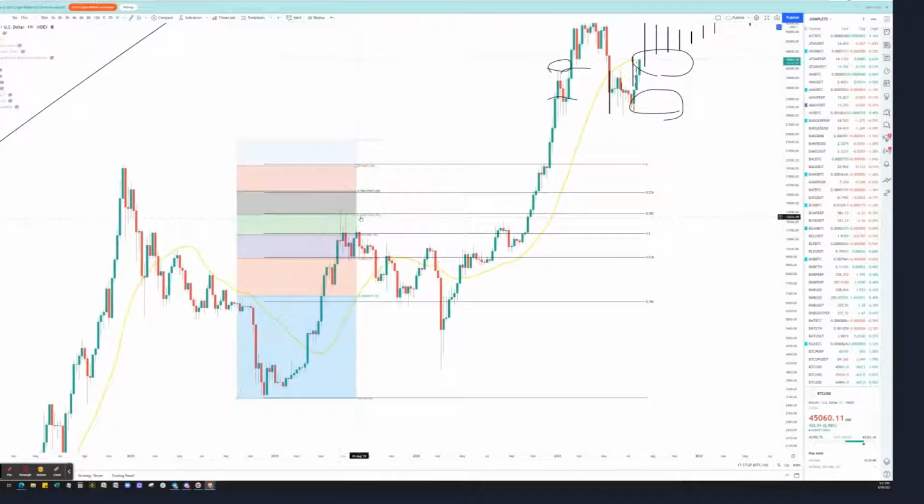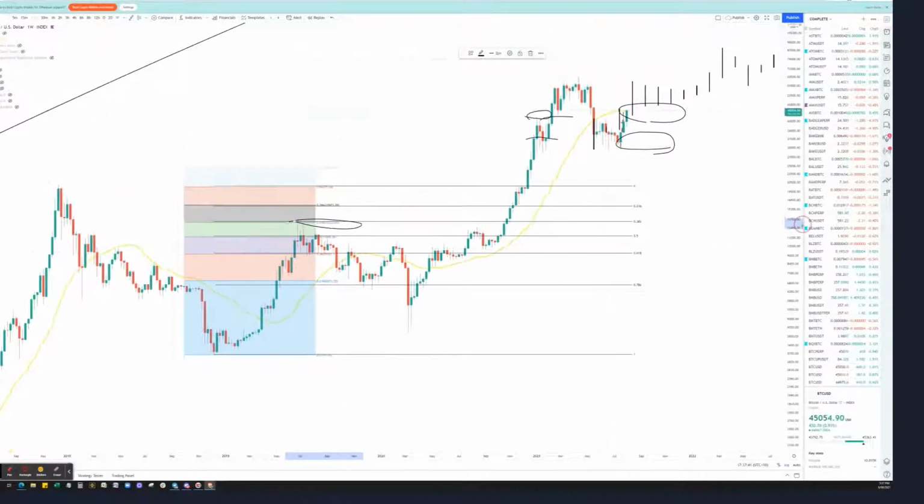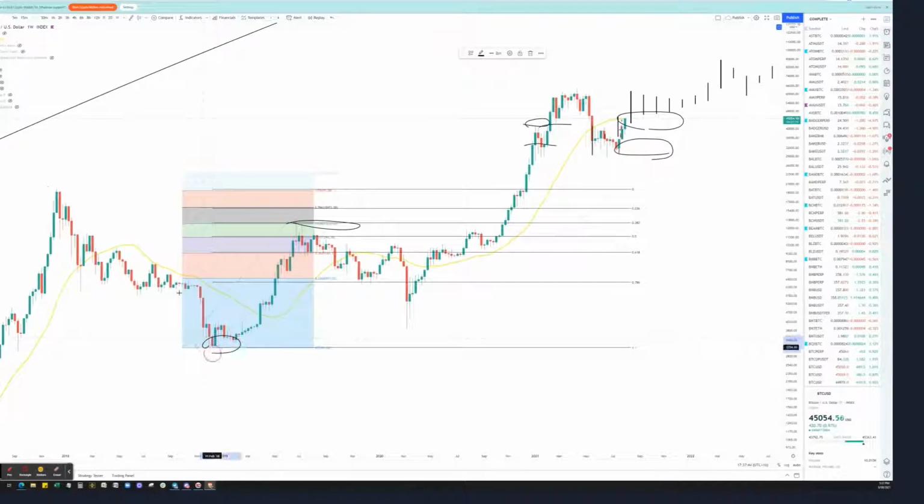Everything has to do with the golden ratio, 0.618. So even when we came down from there, I'm going to show you a few things. From the top, swing high to swing low, we had the golden ratio as resistance. And then similarly from the swing high to swing low, we had the 0.618.